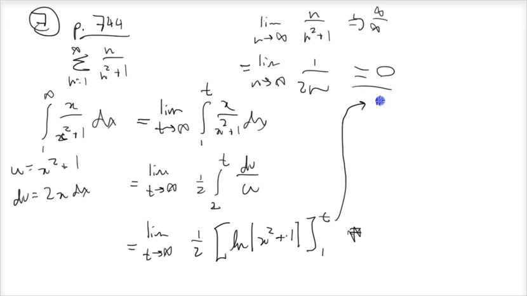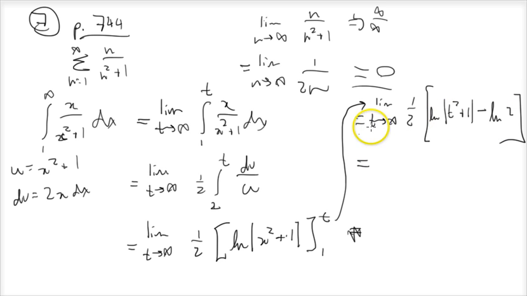So we're going to get the limit as t approaches infinity of 1/2 times the natural log of t squared plus 1 minus the natural log of 2, and all that times 1/2. Now, when we plug the infinity in here, we will get a natural log of infinity minus some definite natural log.